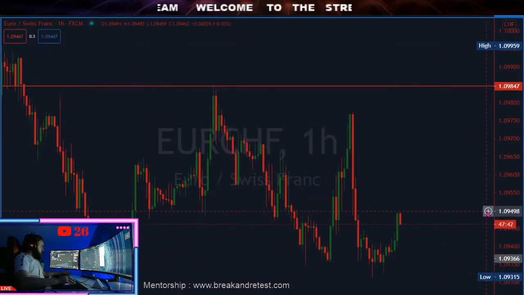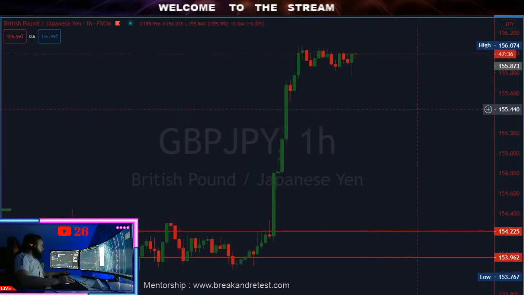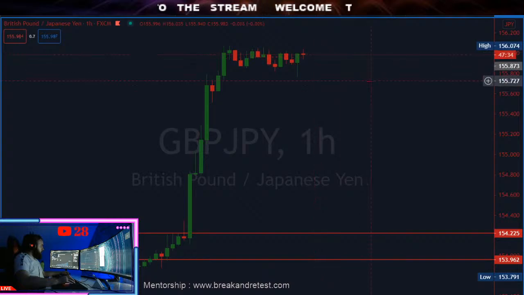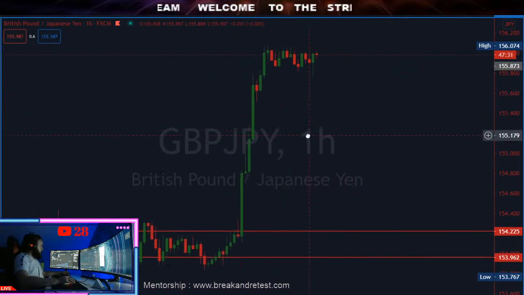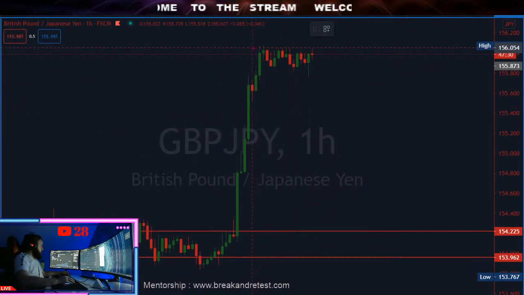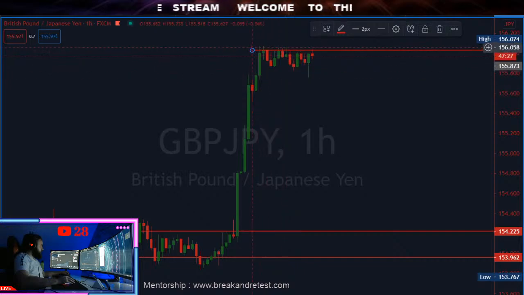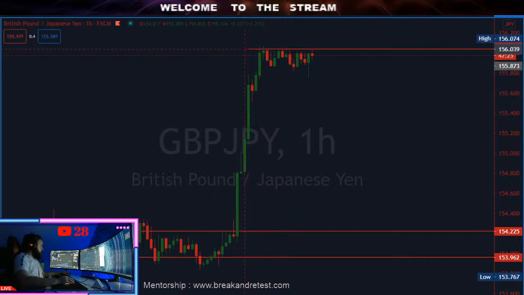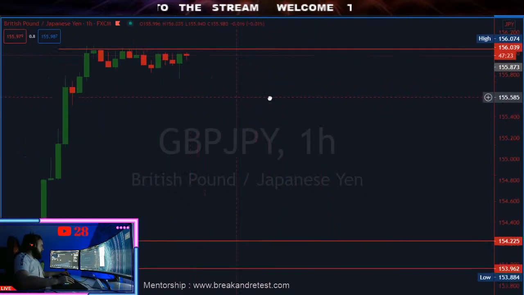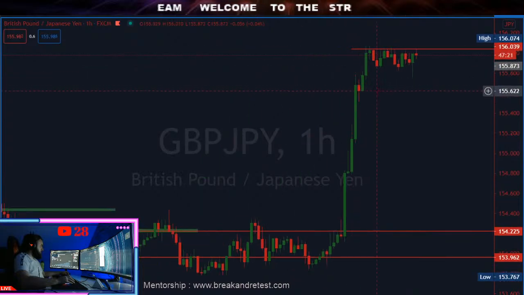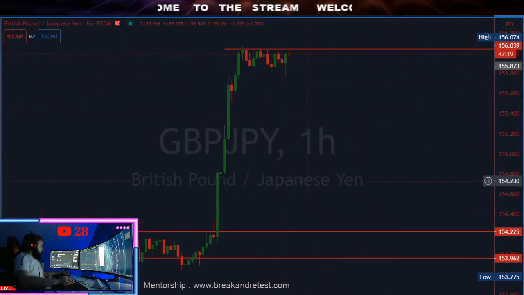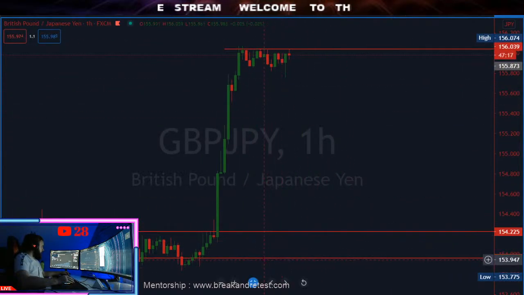Euro CHF. Yeah, GJ also looks like there's a chance that it might break. Based on the previous candle, a lot of momentum, closed without a top wick, but it's getting stopped on this resistance here. Once it closes below, we'll see.